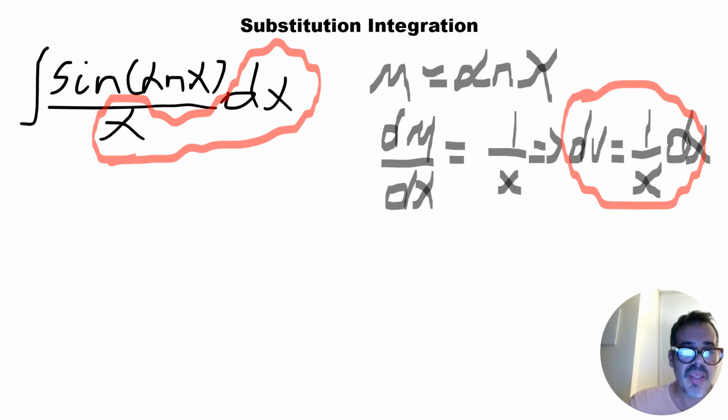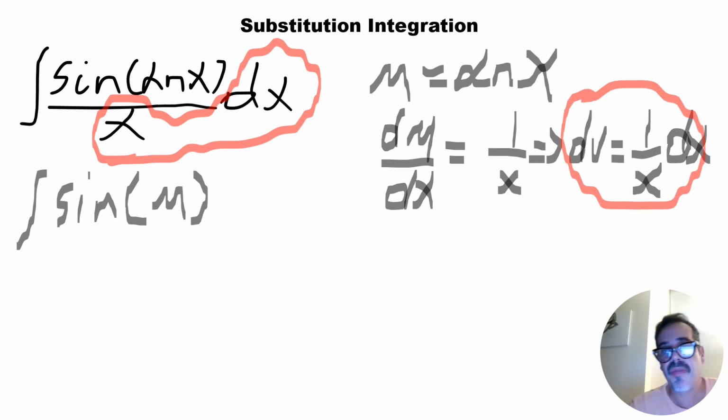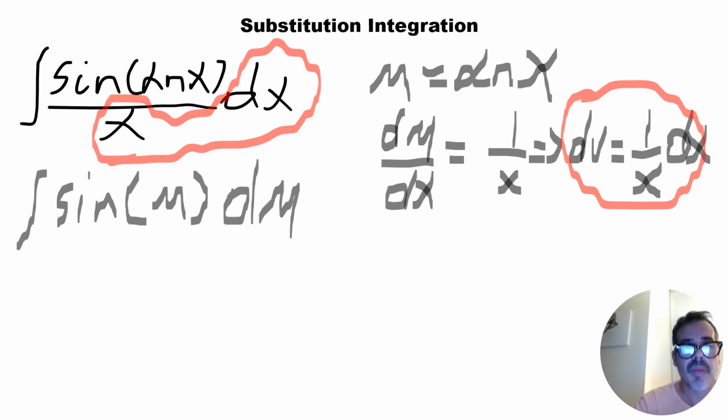So I'm going to proceed then with rewriting my integral now in terms of my new variable. So I'm going to write the integral of sine of u, and then dx divided by x, we just define that as du. So this is my new integral over here.